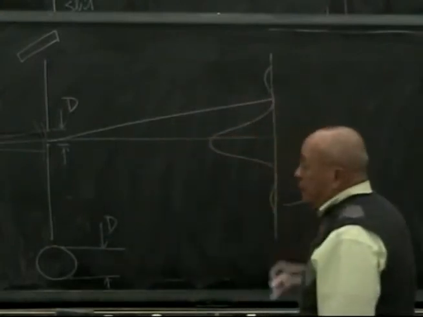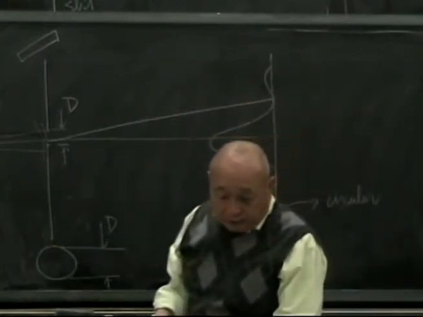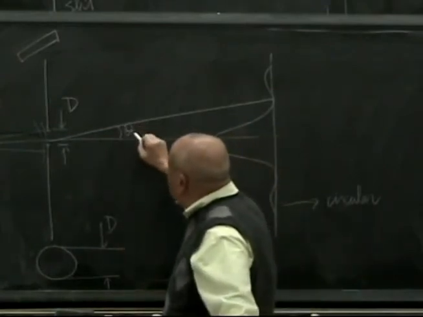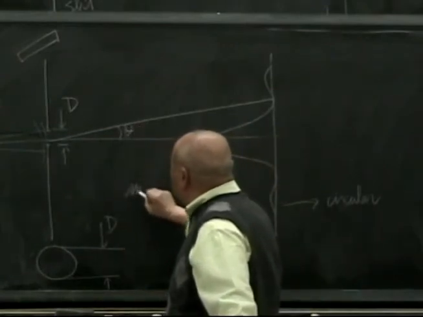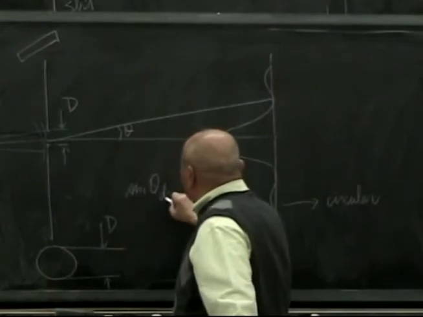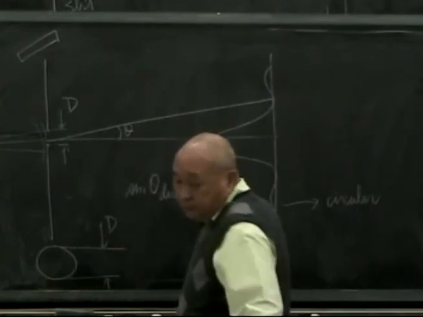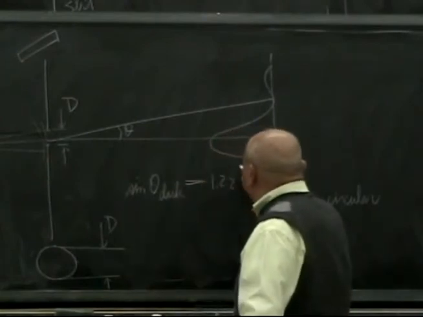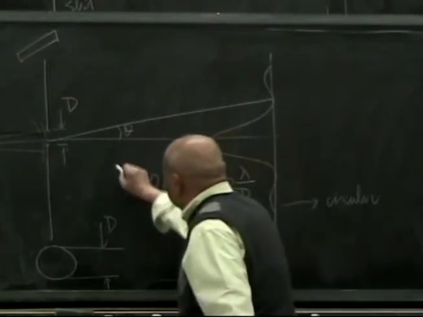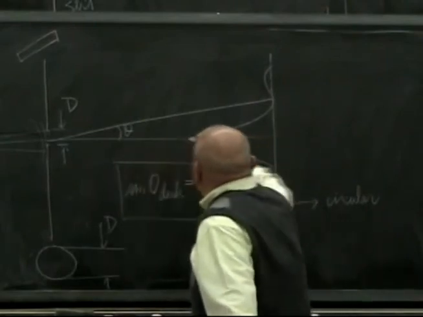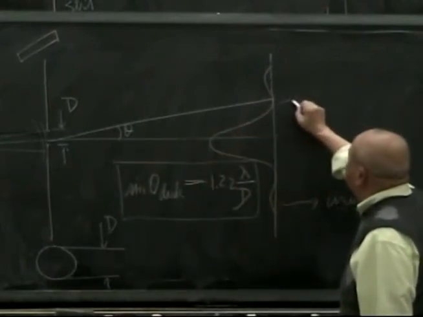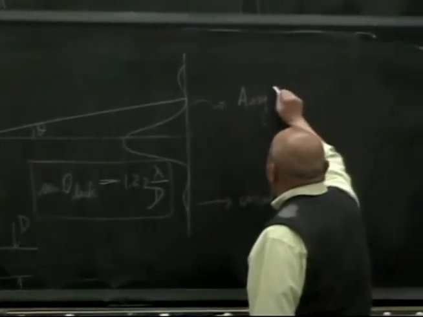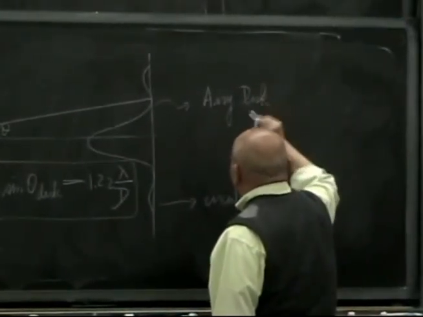For the circular pattern, sine theta of the dark ring is equal to 1.22λ divided by D. And this pattern has a name. It's called the Airy disk.